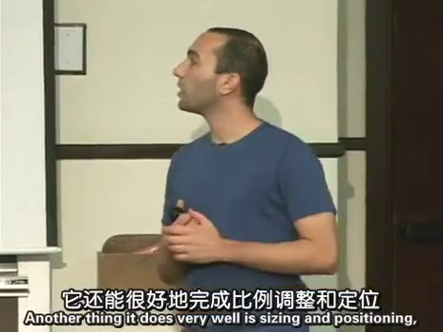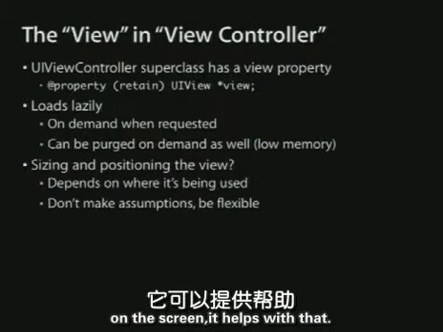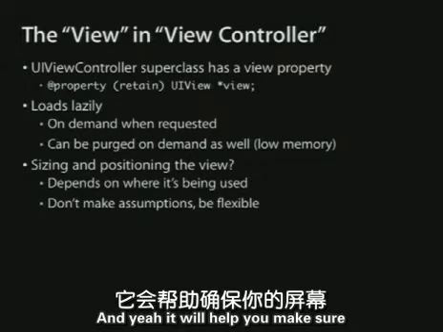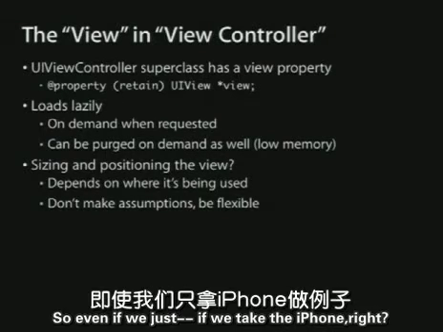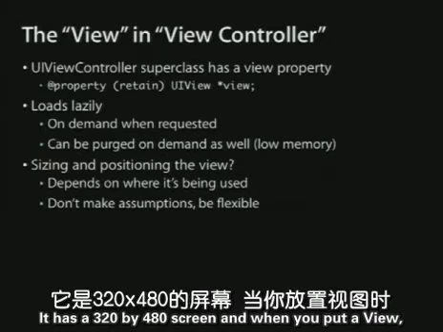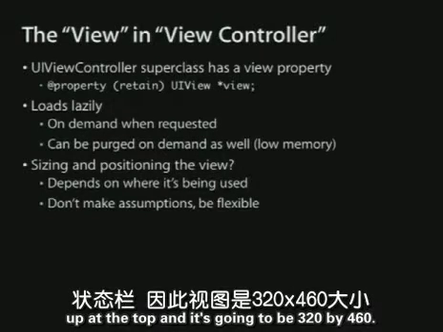Another thing it does very well is sizing and positioning. So when you want to do rotation on the screen, it helps with that. And it will help you make sure that your screens are not specifically built for one size. So if we take the iPhone, it has a 320 by 480 screen, and if you get a view to fill the screen, you have a status bar up at the top, and it's going to be 320 by 460.